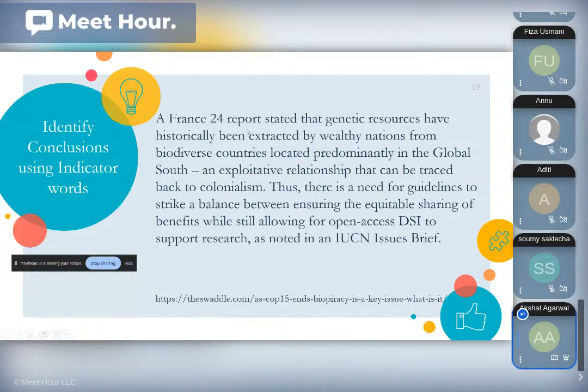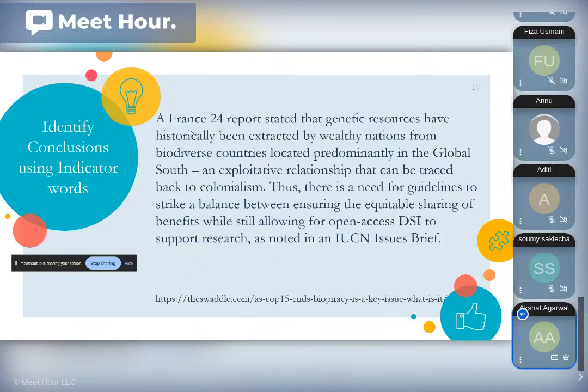And the reason is because of this France 24 report. So on the basis of the findings of the France 24 report, whatever data has emerged from this report, that becomes our premise. And the inference or the conclusion which the author is drawing from all this is that there is a need for guidelines.